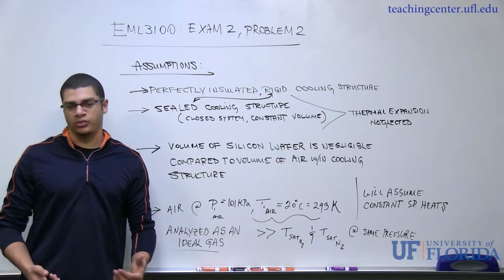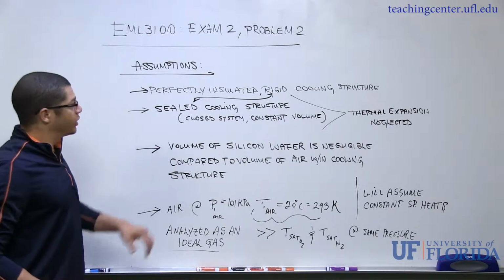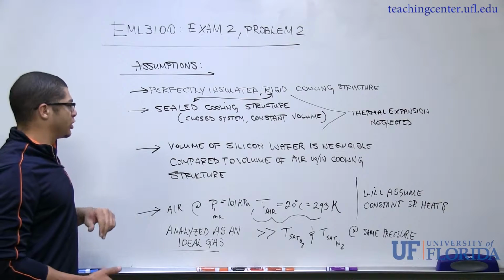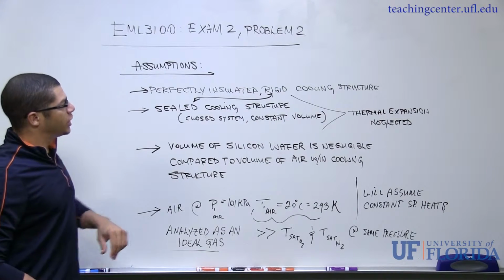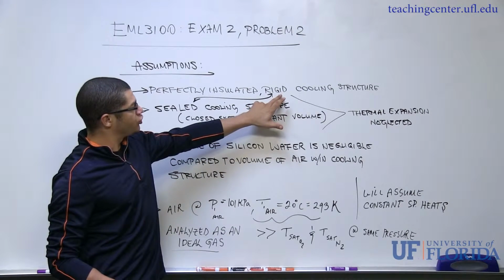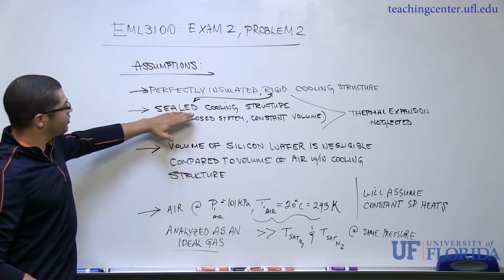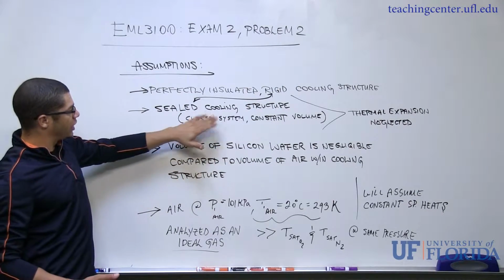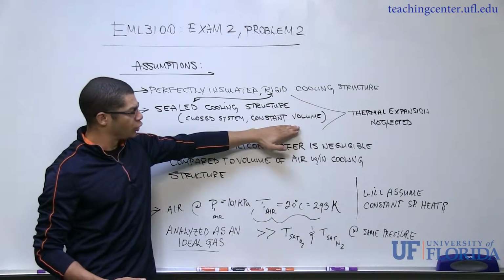Recapping some of the assumptions that were discussed previously, we've got perfect insulation surrounding our cooling structure. We're also assuming that the cooling structure is both rigid and sealed, which translates into a closed system at constant volume.